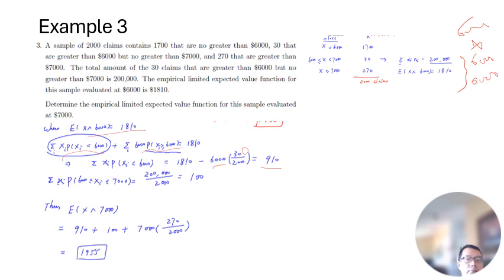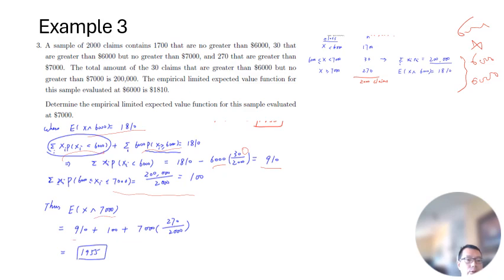Now with this, we also have the information for the second group, which has an expected value of 100. So we can calculate the expected value if the limit is 7000.